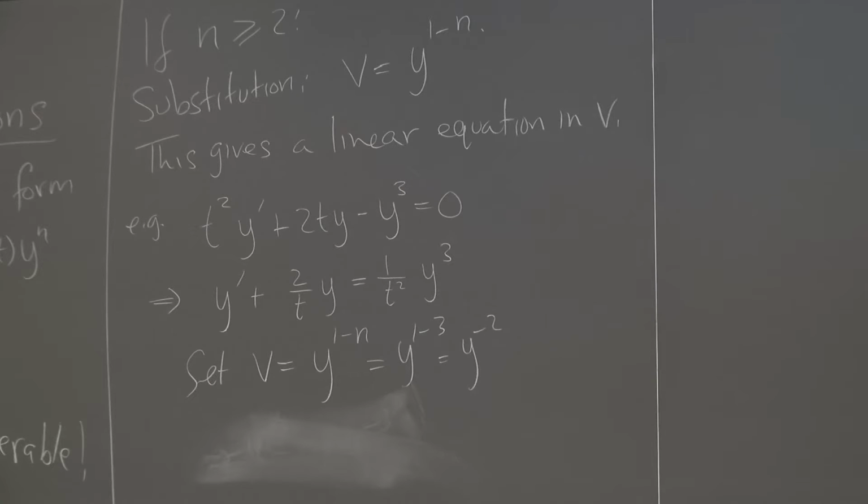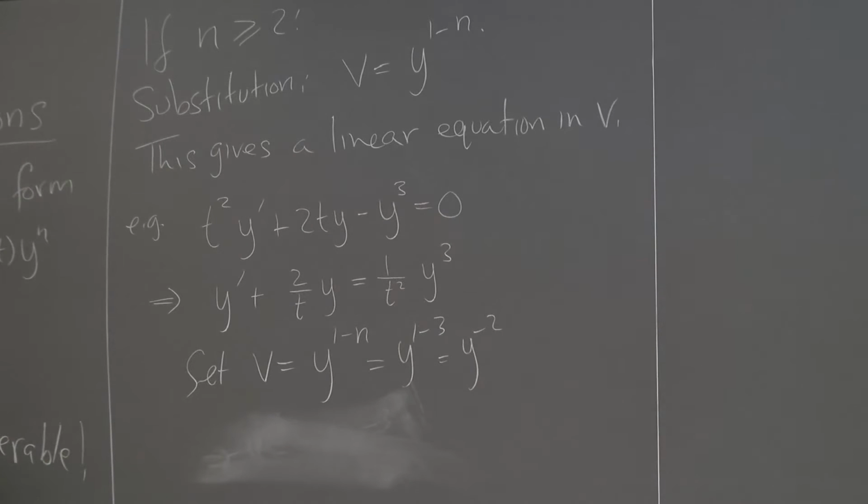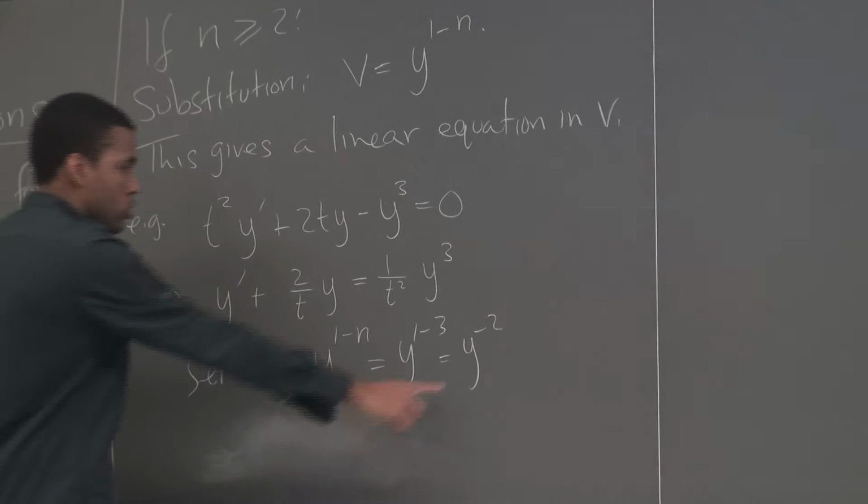How do we do that? Differentiate with respect to t. Take y with respect to t. So what would that give us here? I have v equals y to the minus 2.